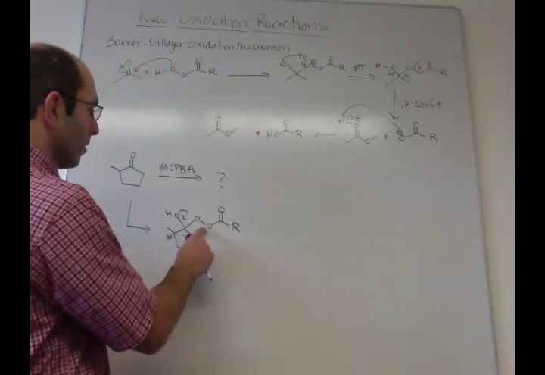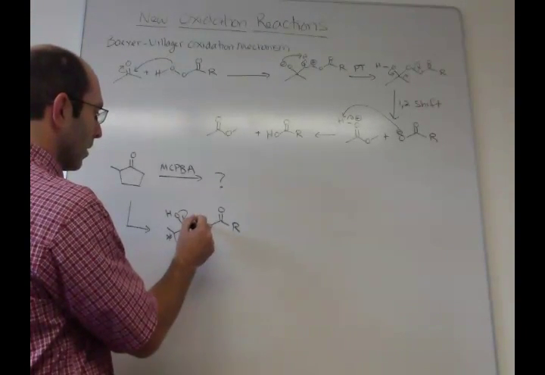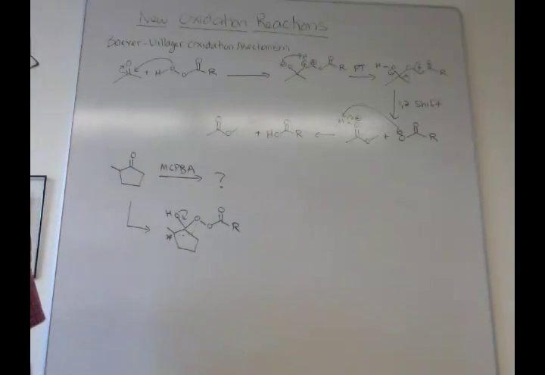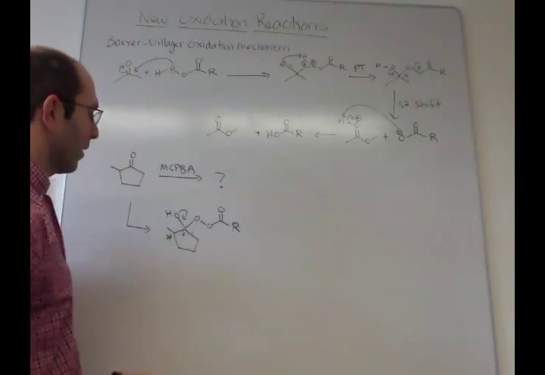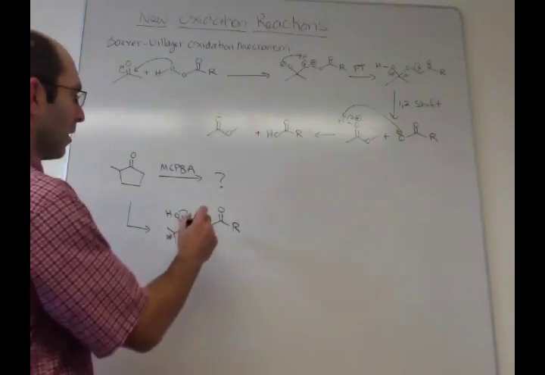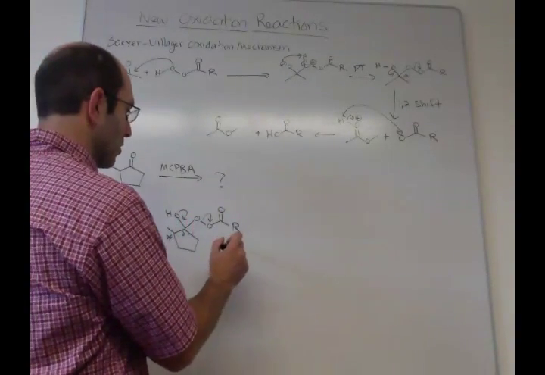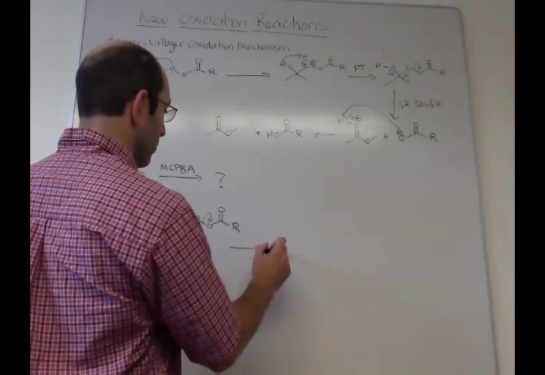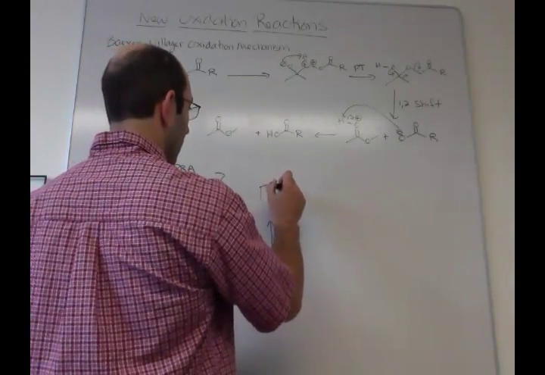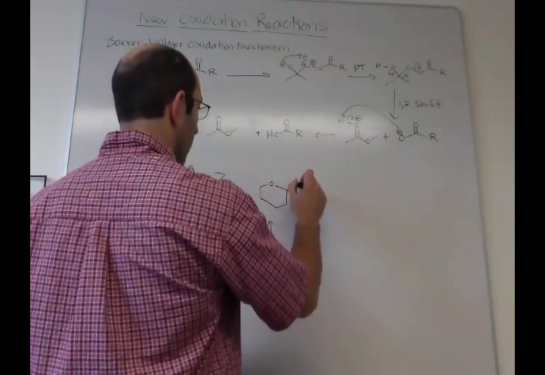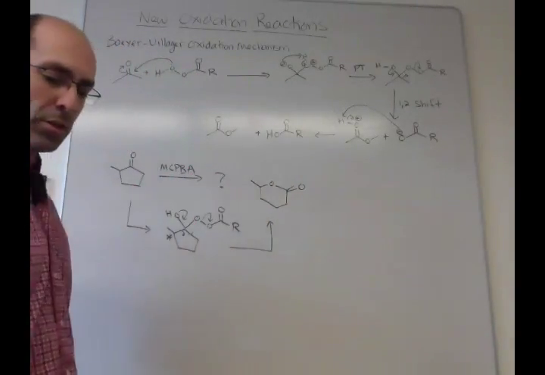I did that wrong. Sorry. Is going to be that bond. So we can have this carbon-carbon bond migrate to form the new carbon-oxygen bond, and then break the oxygen-oxygen bond. Right? And then after we finish up the mechanism, we'll end up with formation of that ester.